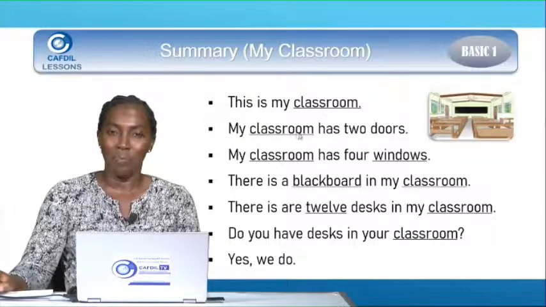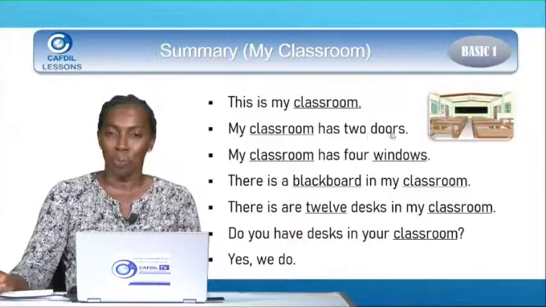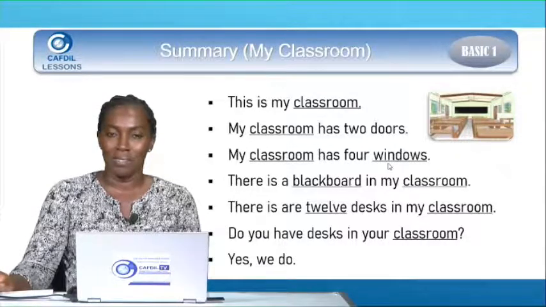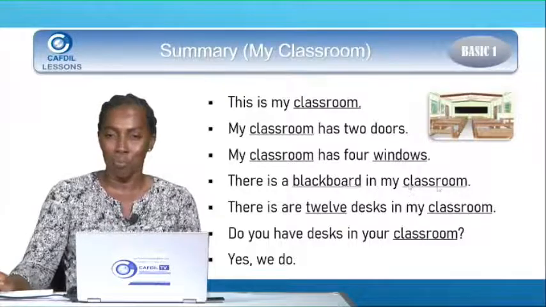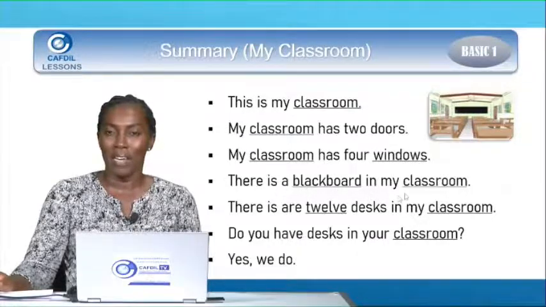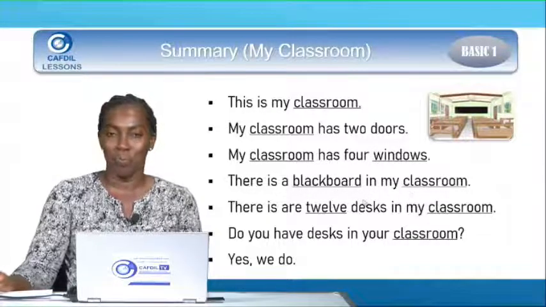My classroom has 4 windows. There is a blackboard in my classroom.